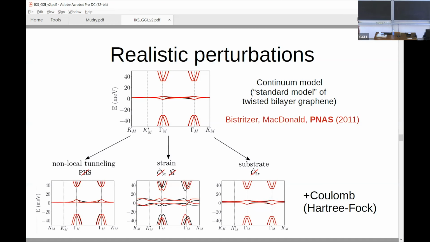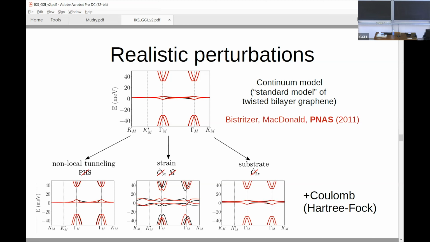So what are these perturbations we're going to consider adding? So we start off with this sort of standard model of twisted bilayer graphene, which is just this standard continuum model. And we add three perturbations, the most important of which is strain. So experimental samples are known to be strained. And so this will break C3 symmetry and mirror symmetry and result in this sort of change in the band structure.